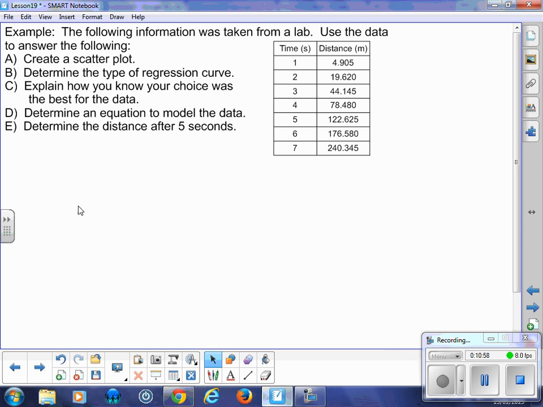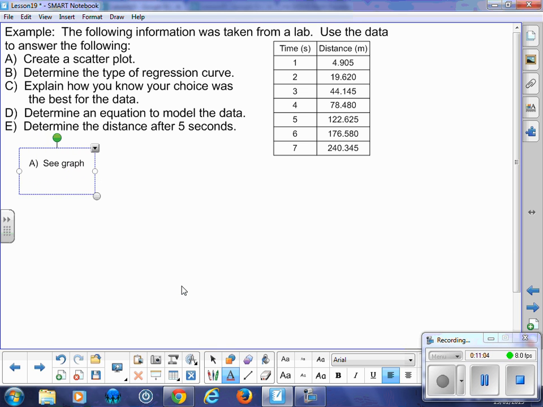So if I pull this up and answer some of the questions here officially: A, graph. B, appears to be quadratic or polynomial degree 2.